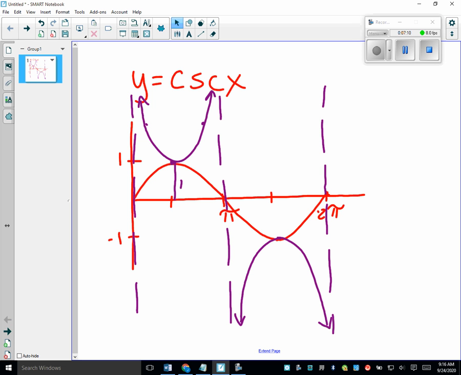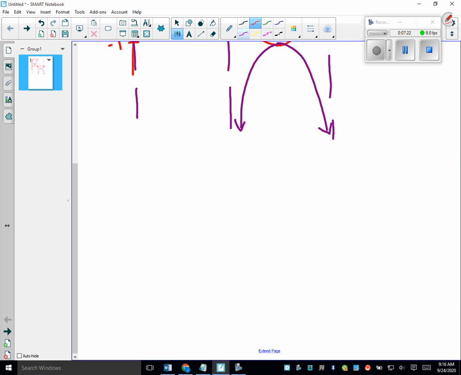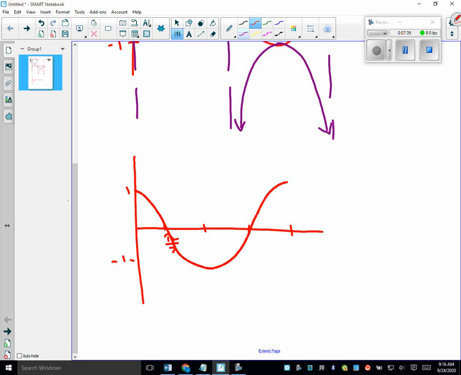All right, that's what a cosecant graph looks like. Secant does the same thing with the cosine graph. Okay. Doesn't cosine look like this?